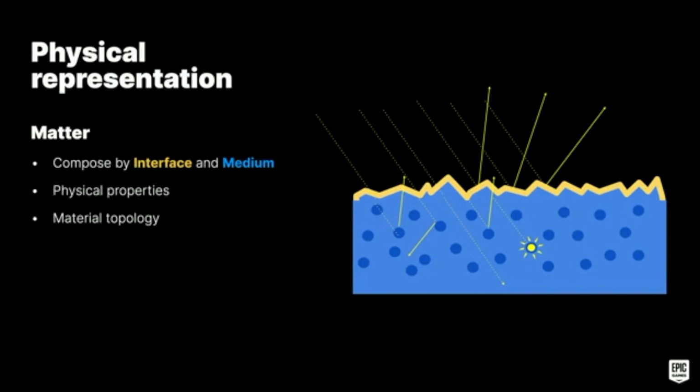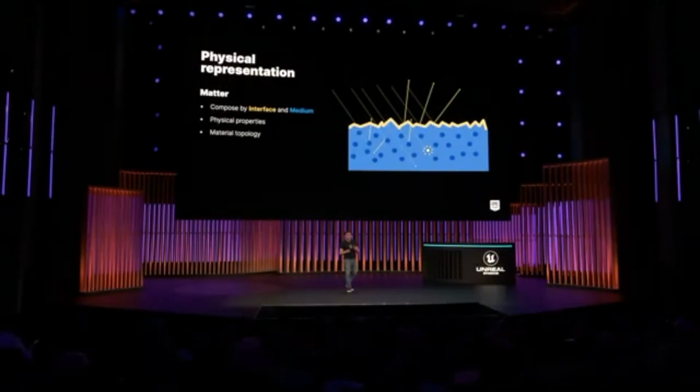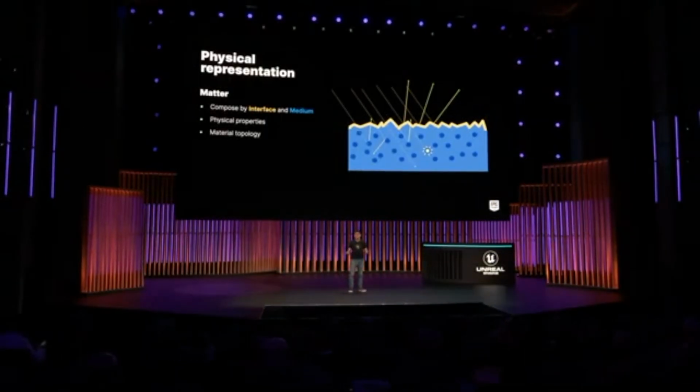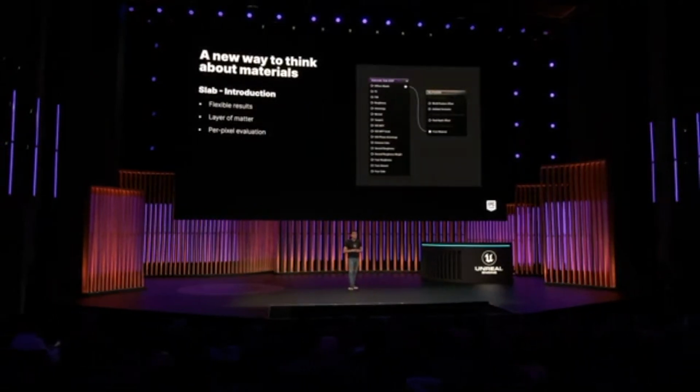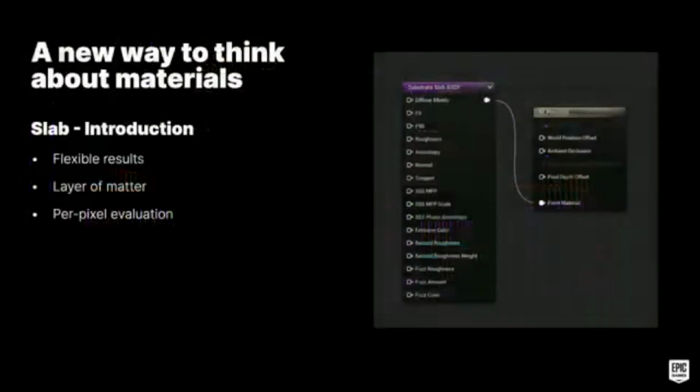Every node we are playing with are allowing physically accurate transition, but still allowing artists to do some variation and explore different art styles. Each Substrate element will generate a spatial topology, allowing the engine to easily reorder the layering system. Substrate is coming with a new node called Slab that offers a lot of advantages.